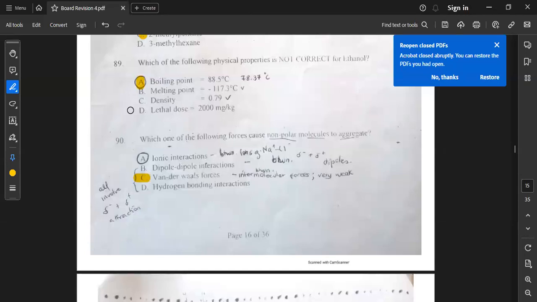So that will eliminate options A and D. We're left with B and C. Dipole interactions are a bit stronger than van der Waals forces, you can correct me if I'm wrong. Yes, we have two poles, so van der Waals is the weaker one. So the answer is C.